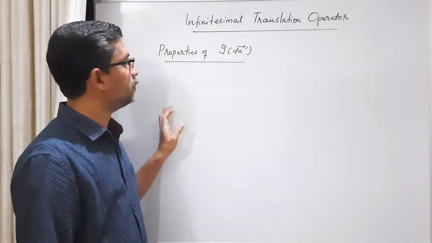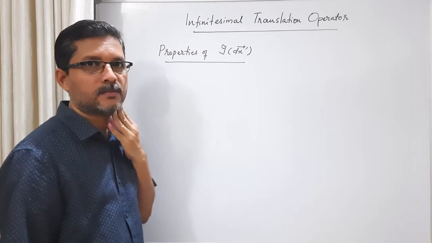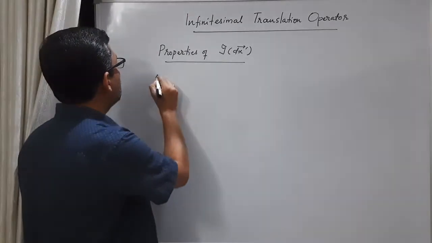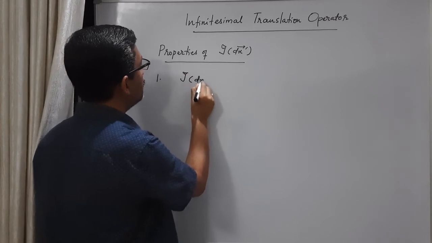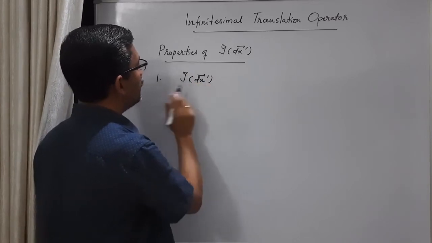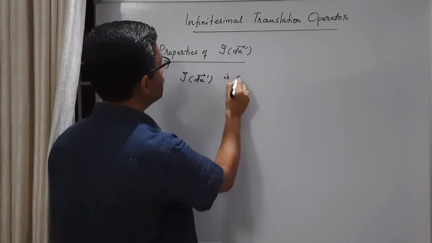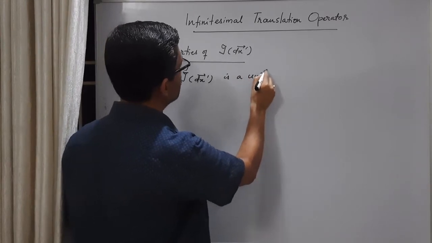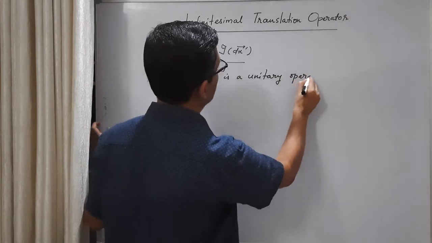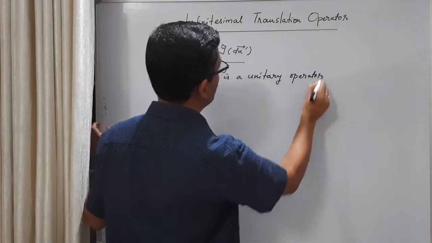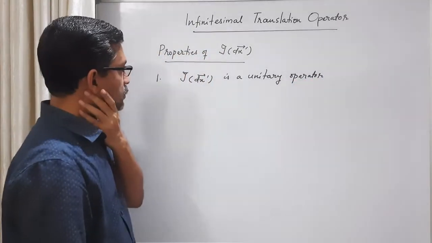Let us consider the properties of the infinitesimal translation operator. First property is that this infinitesimal translation operator J(dx prime) is a unitary operator. How do we know this?